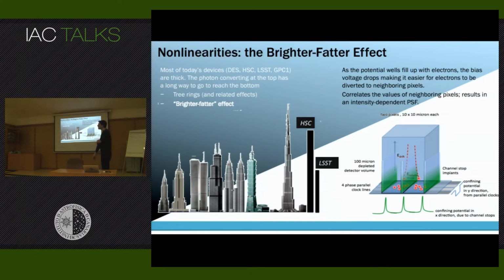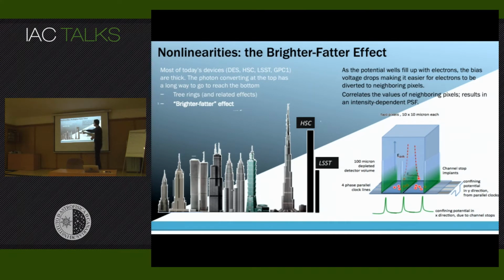Then, as the community really realized that these devices are more complicated than thought, other kinds of effects started showing up. Here's another one. These are the relative heights versus width of pixels in CCDs.